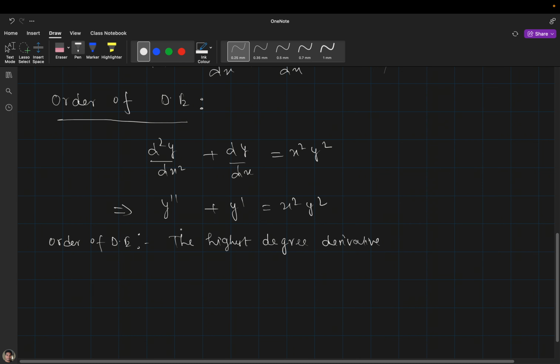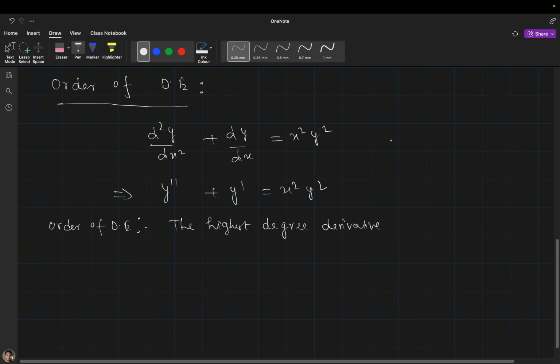Can someone tell me what is the highest order of derivative in this differential equation? 2. Which means the order is 2, because this has a second order derivative. So that's why the order is 2.